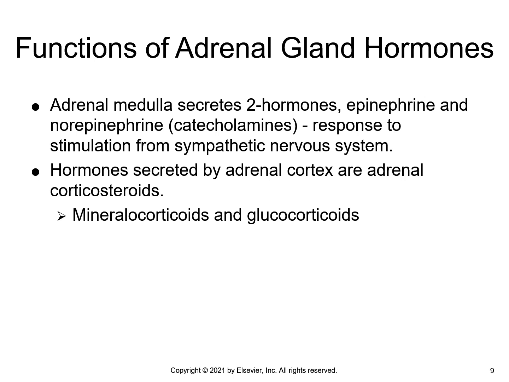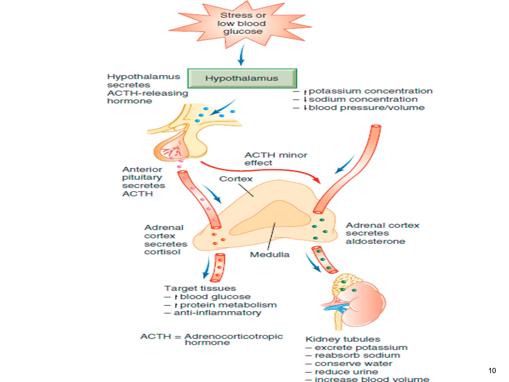The adrenal glands also secrete small amounts of adrenogenic hormones, which have similar effects to those of both male and female sex hormones. Epinephrine prepares the body to meet stress or emergency situation and prevents hypoglycemia.